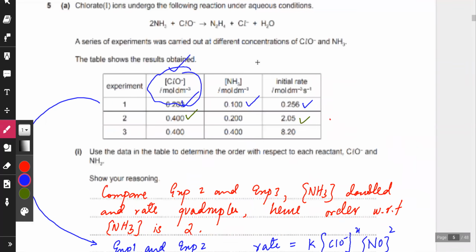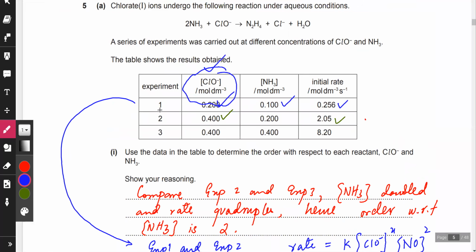You can do it for NH3, for example in 2 and 3, where NH3 was changing but ClO⁻ was constant. But you couldn't find any two experiments to find the order with respect to ClO⁻, because every time you changed ClO⁻, NH3 was also changing at the same time.